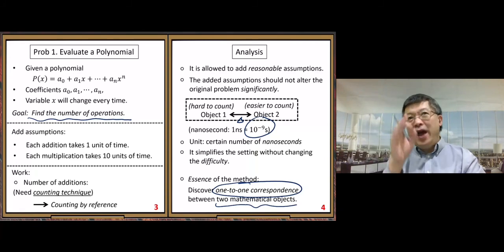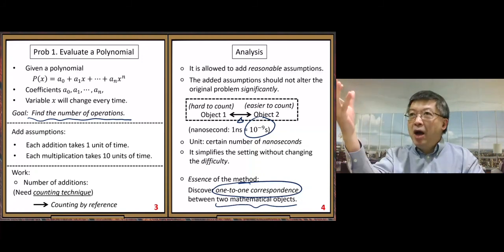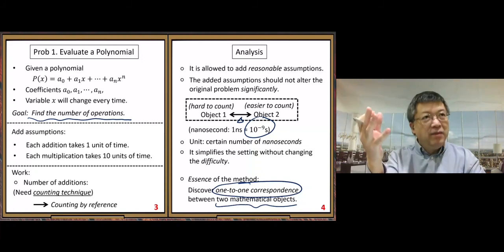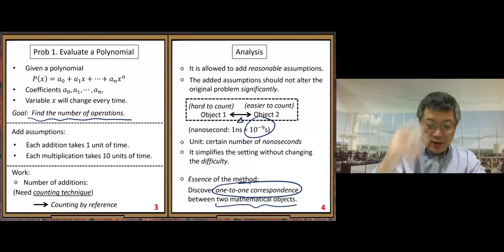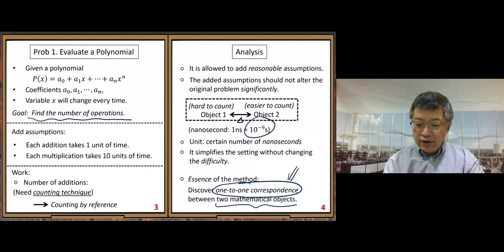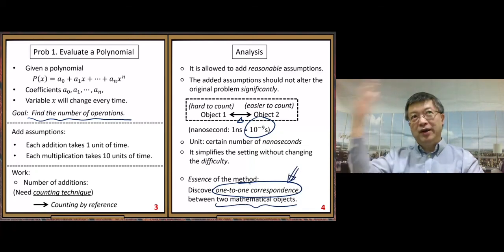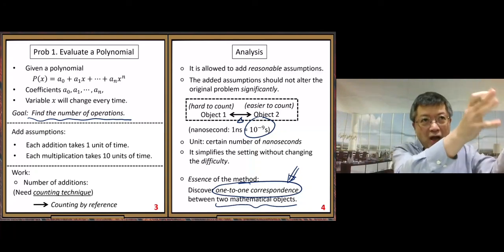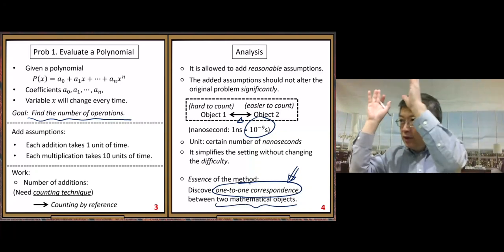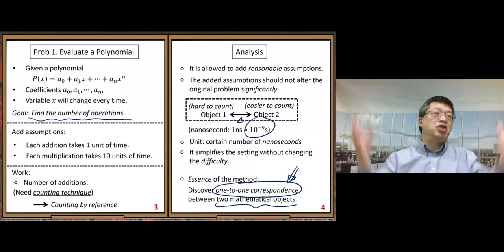So then we just count the number of object 2. That number is the same as the number of object 1. Why the same? Because of this one-to-one correspondence. You count the number of one object, it is the same as the number of the other object. That's simple.